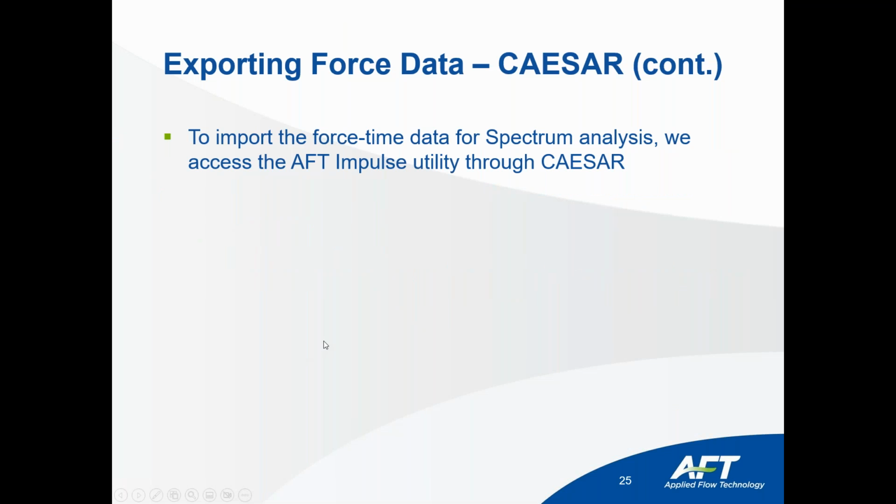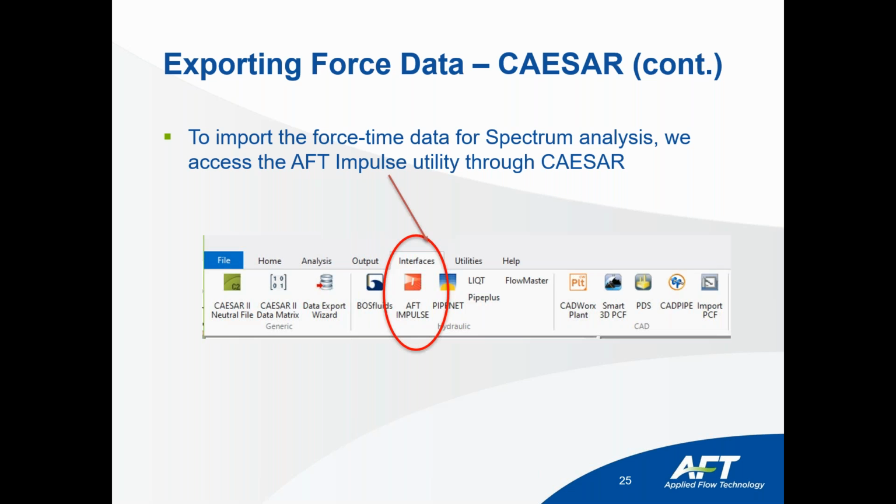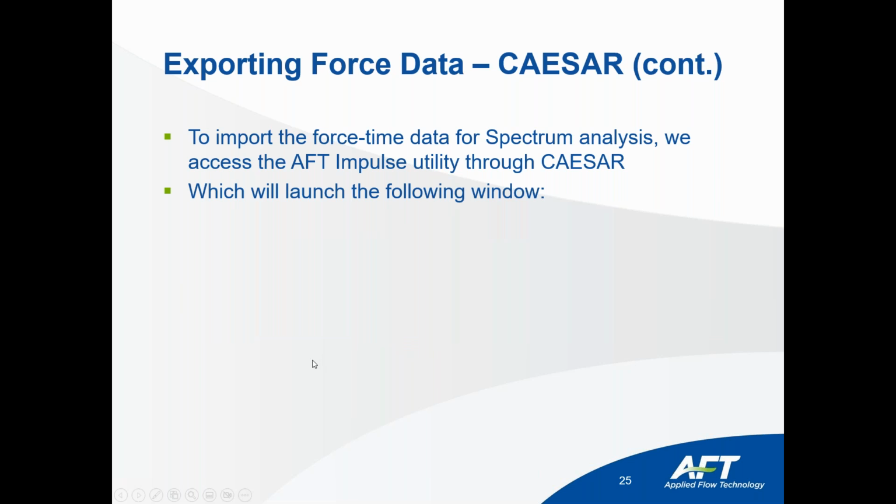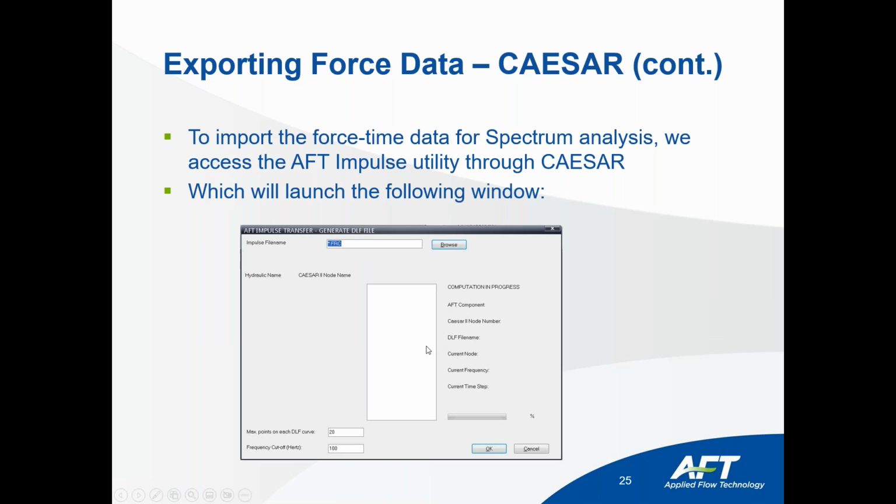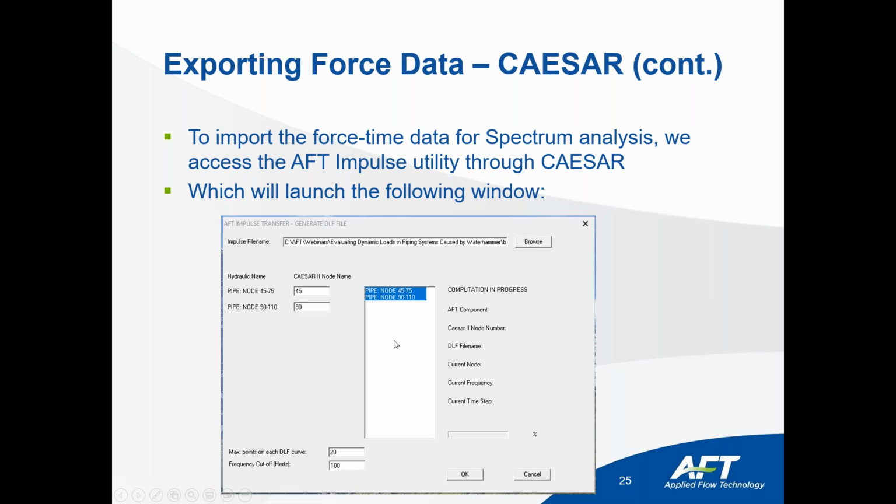Now, how does Caesar receive it? To import it into Caesar, we use the utility that's created in Caesar. Caesar has an interface with AFT Impulse. This will launch a window where you can browse for the force set that you generated. Here are both force sets, nodes 45 and 75, and force set 90, 110.